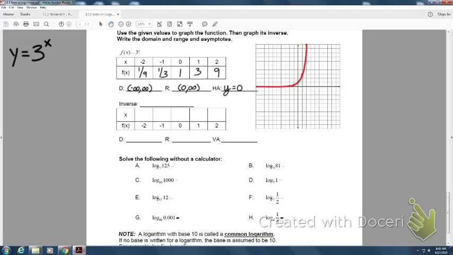Okay, so if I'm finding the inverse of this, somebody remind me. What's the first thing I do if I'm finding the inverse of something? Flip the x and the y. So I'm going to have x equals 3 to the power of y.